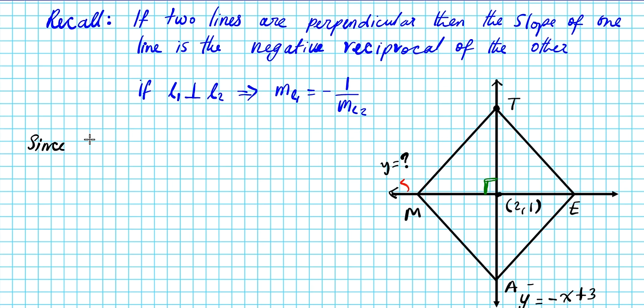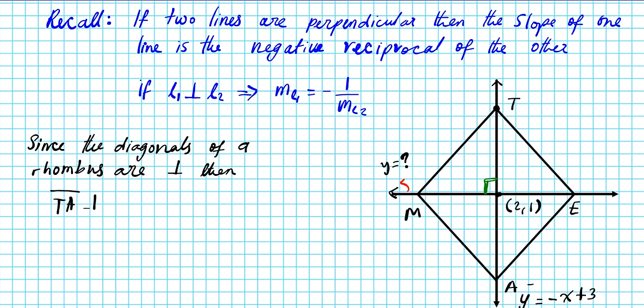Since the diagonals of a rhombus intersect at 90 degrees, they are perpendicular, then what can we conclude? We can conclude that segment TA is perpendicular to segment ME. So the lines containing these two are going to be perpendicular to each other.